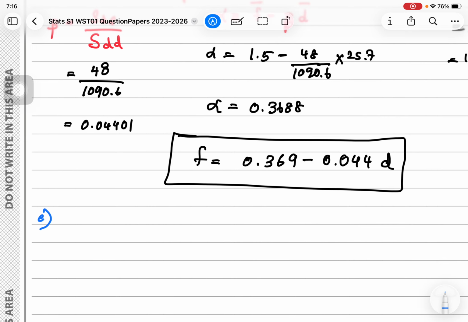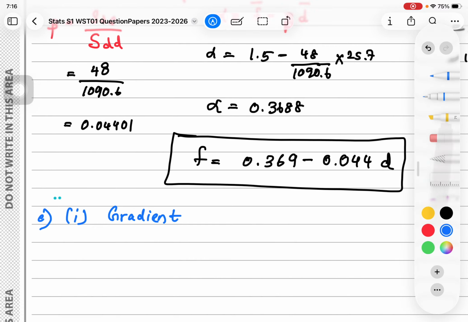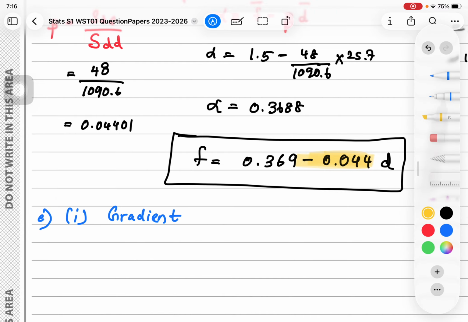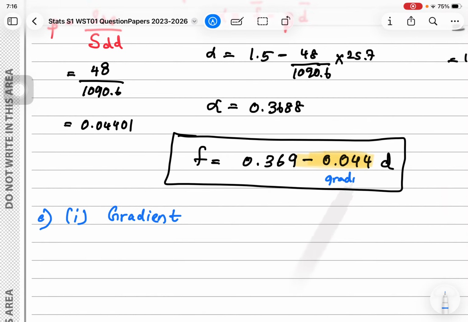In this case, this is the gradient, and this is the intercept. The gradient is beta.